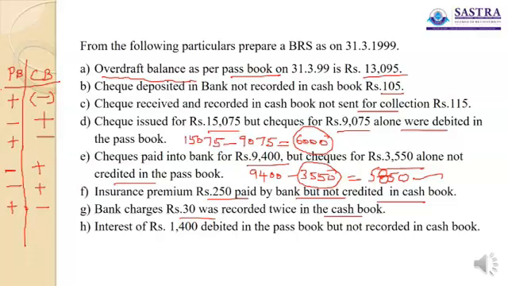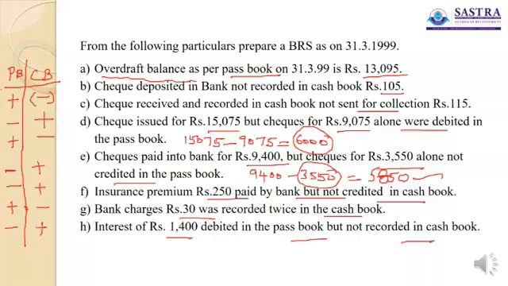The interest of 1,400 debited in the passbook but not recorded in the cash book. So interest debited makes the passbook's balance lesser, and since it is not recorded in the cash book, it would not have been entered as a payment, which keeps the cash book's balance plus.